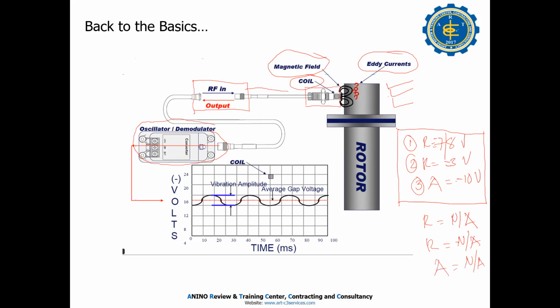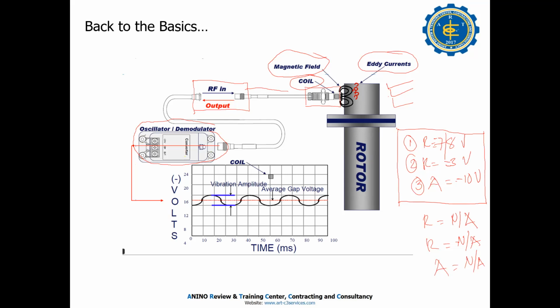There's no reading. So be attentive with that, because the time will come when somebody asks you what happened to your proximity probe reading. You can tell them, okay, we can check in the field and check the voltage if it is in range or out of range.